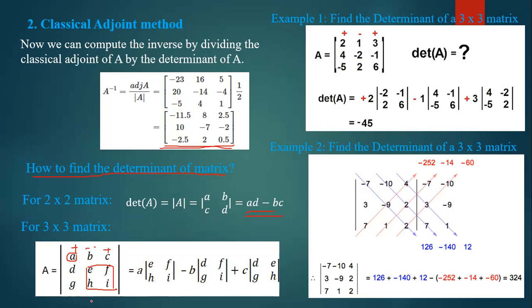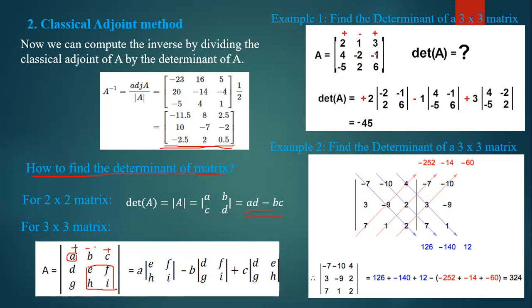We can handle it like this: D, G, F, I, and then positive C times this. This easily gives us the determinant.